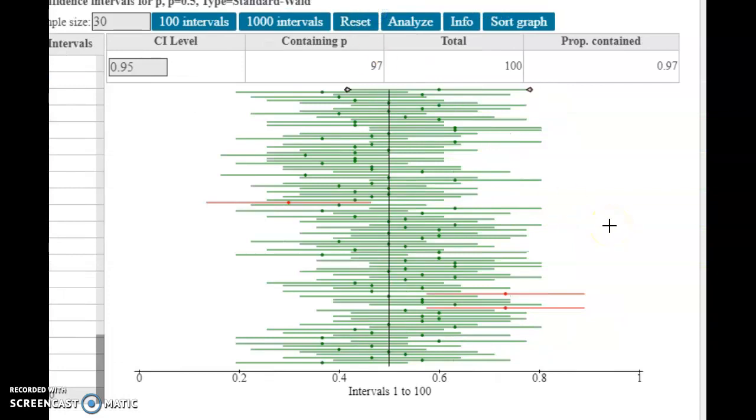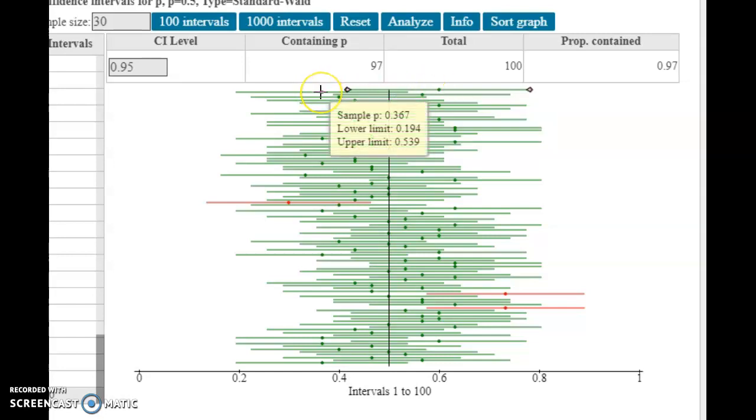And so we have 100 different confidence intervals. You can see that there's a black line at 0.5, which is actually the population proportion. Every time we take a sample of size 30 from this population, we calculate our sample proportion. For example, in this first line, our sample proportion was 0.6.